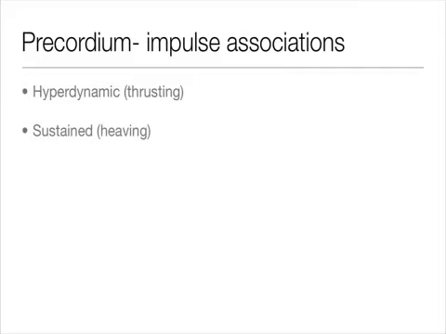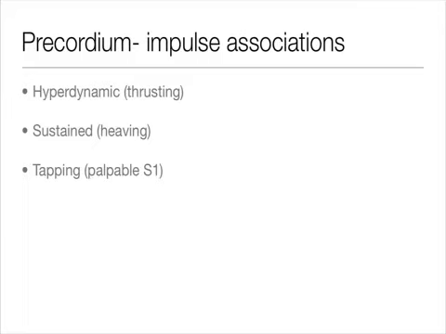A sustained or heaving left ventricular impulse is seen in pressure overload, and causes of pressure overload include left ventricular hypertrophy, hypertension, aortic stenosis, or any cause of outflow obstruction. A tapping cardiac impulse is seen with mobile mitral stenosis, and this tapping is a palpable first heart sound.